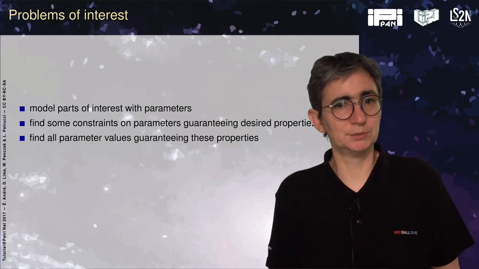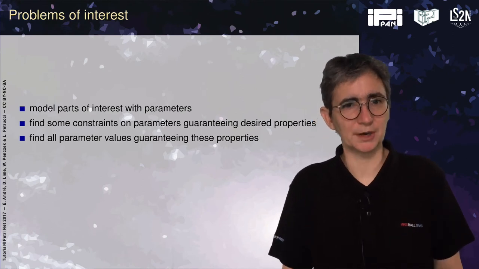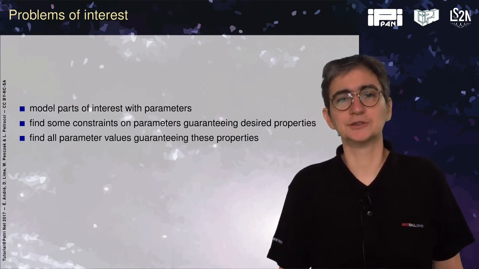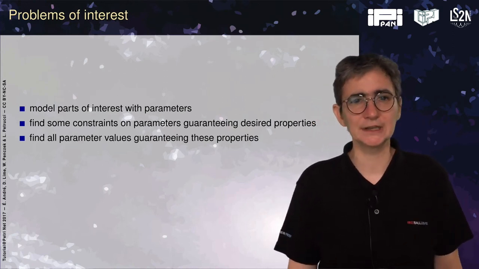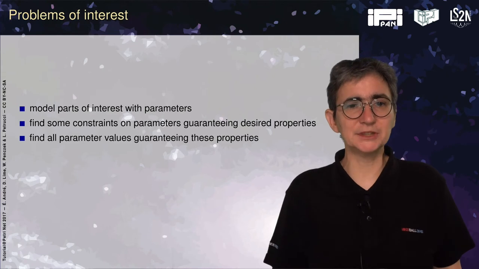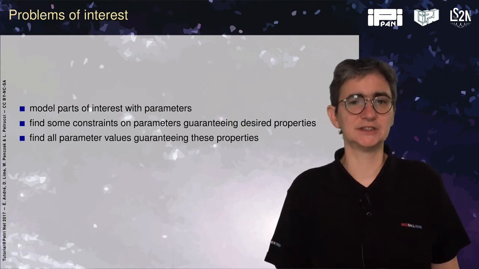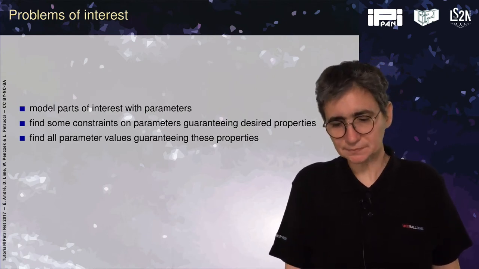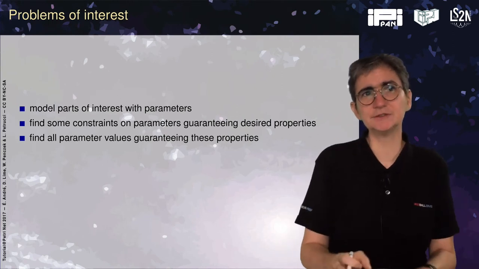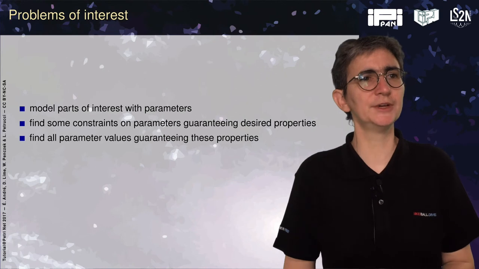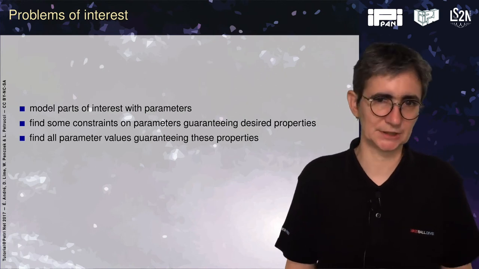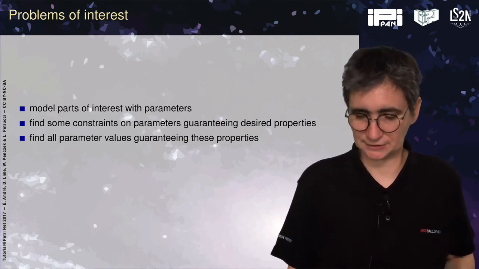We want to model parts of interest with parameters, to find some constraints on parameters that guarantee some design properties, and find all parameter valuations that guarantee these properties, so that we can tune the values or know for which values we have the properties that we're interested in.